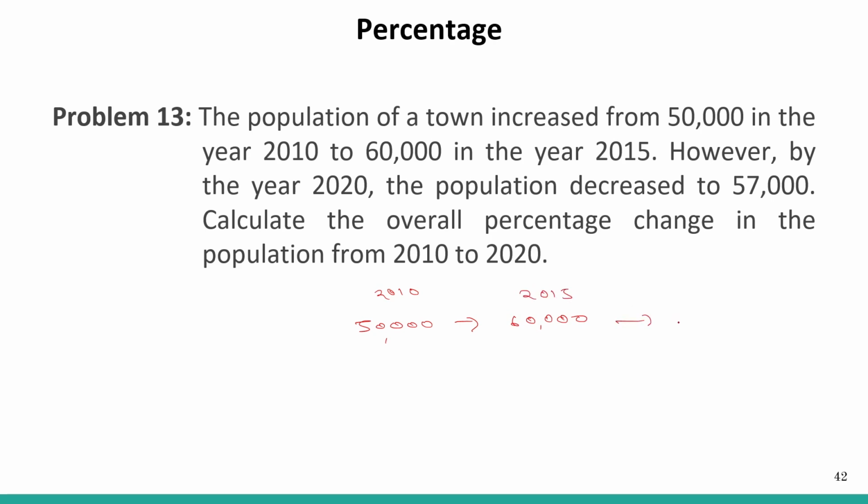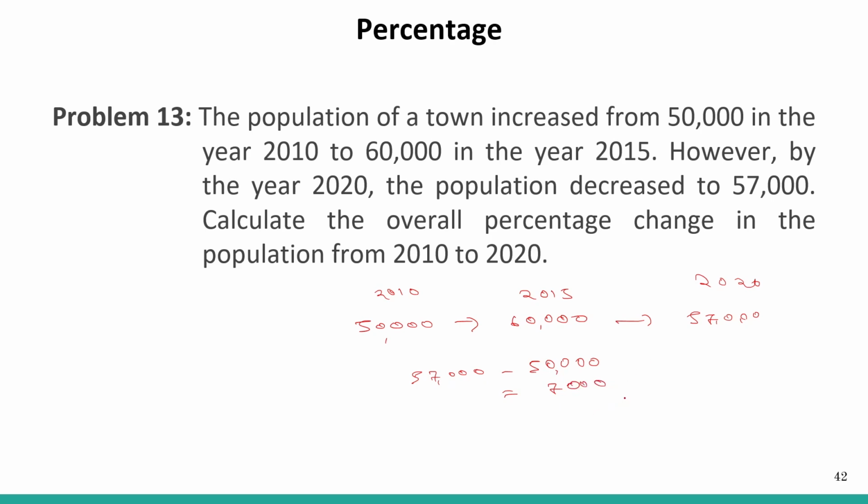And then it further decreased to 57,000 in 2020. Calculate the overall percentage change in the population from 2010 to 2020. The overall change was 57,000 minus 50,000, so the difference is 7,000.